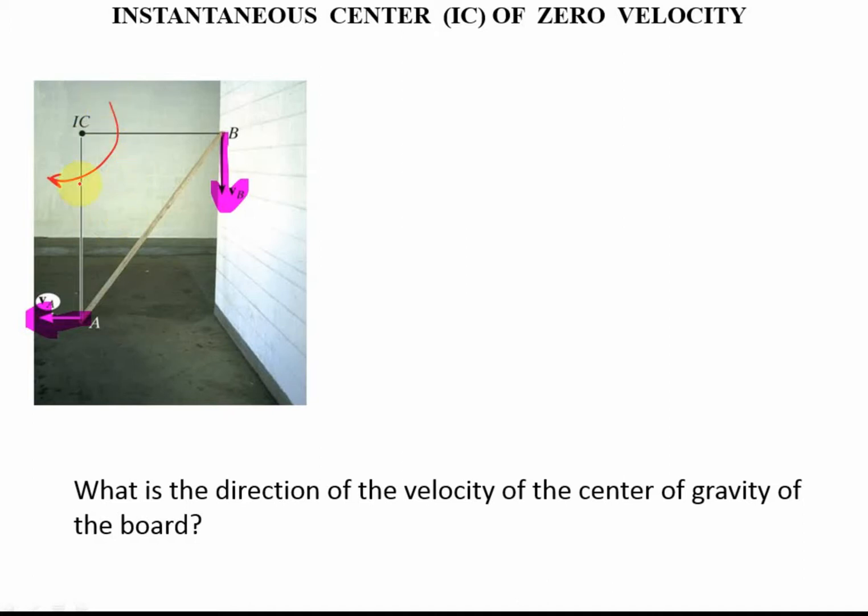Since this is rotating about IC, if you try to find the velocity of B, this is 90 degrees, let's say this distance is d, so the velocity is d omega. And how about this one? Let's say this is 90 degrees and the length from here is d2, then your velocity VA is d2 omega.